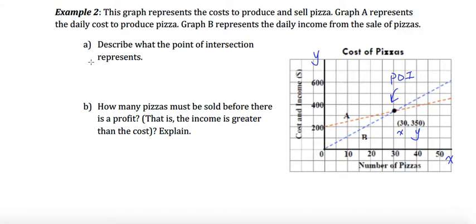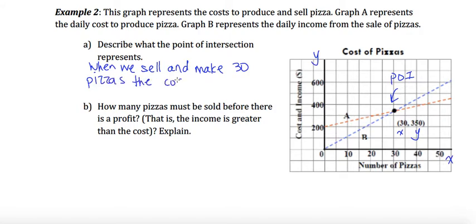So that tells us when we sell and make 30 pizzas, the cost and income will be $350. So it's going to cost you $350 to make those 30 pizzas, and you're going to earn $350.